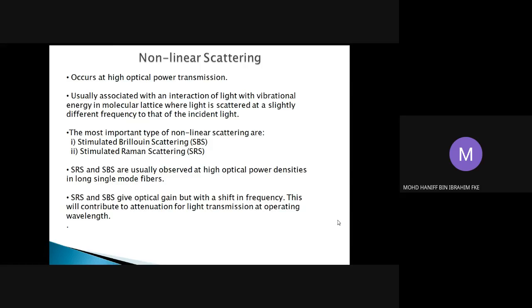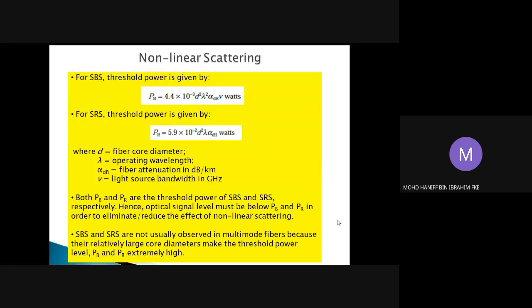This is the equation that gives us the threshold power for both SBS and SRS. The equations up here are the threshold power for SBS scattering, and this is the threshold power for SRS.